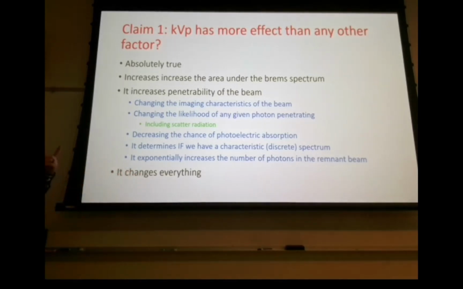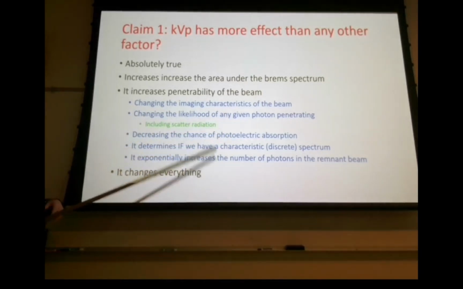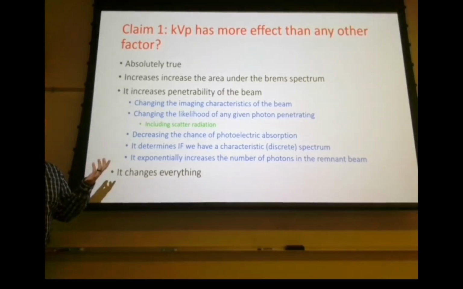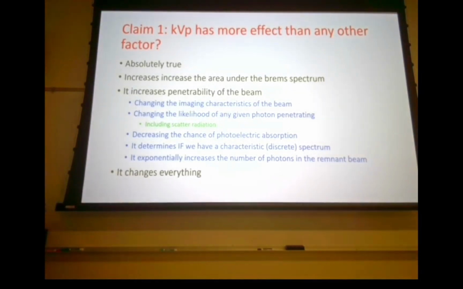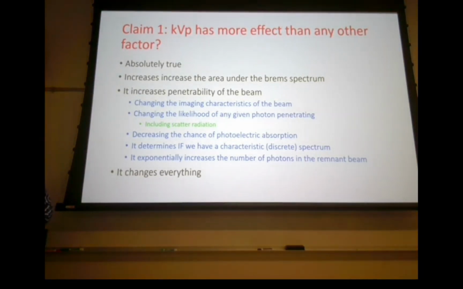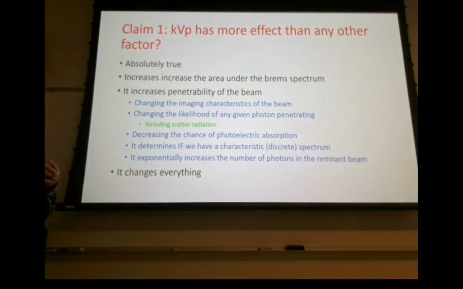So it increases the penetrability of the beam, and it changes the imaging characteristics of the beam, because we get a decrease in differential absorption. Differential absorption means you've got absorption inside of the patient in different tissue types. So, does it decrease that or increase that?